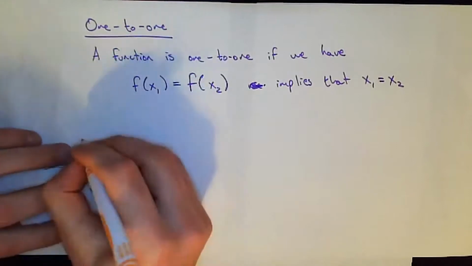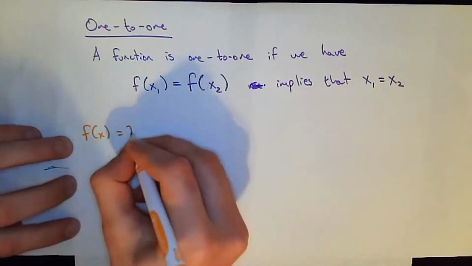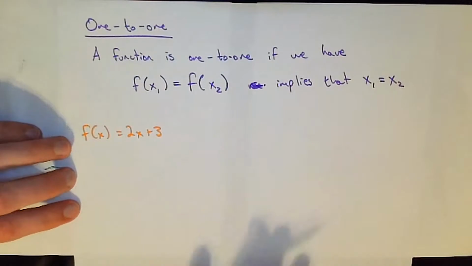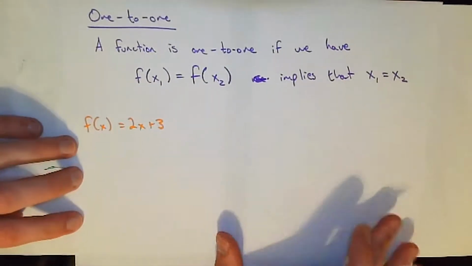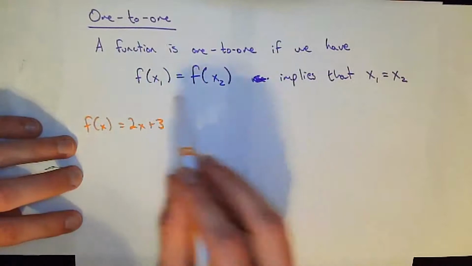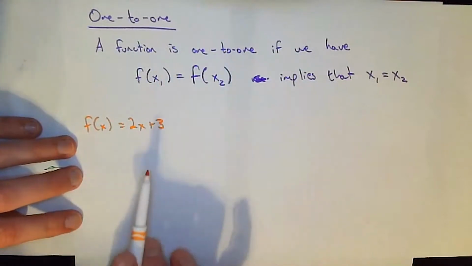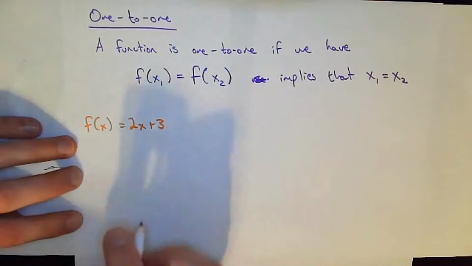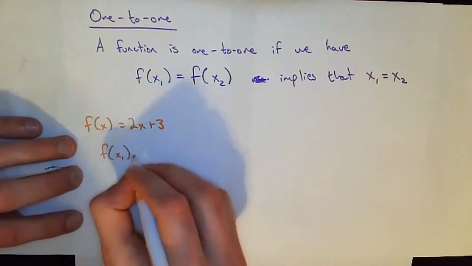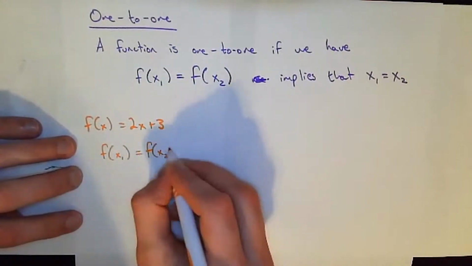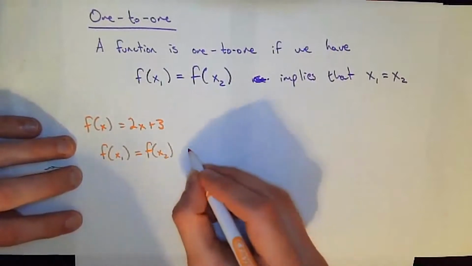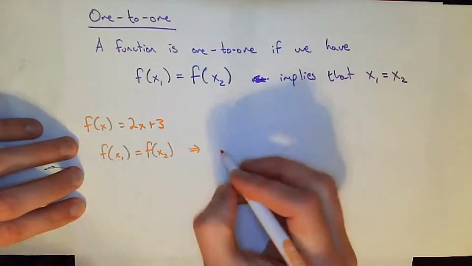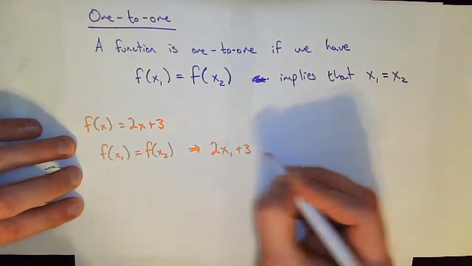Okay, so let's talk about f of x equals 2x plus 3. How do I use the definition to show that this is 1-to-1? Well, I take two random x values, x1 and x2, and I say their functional output should be equal to each other. So f of x sub 1 equals f of x sub 2. Literally plugging in x1 into this function is 2 times x1 plus 3.